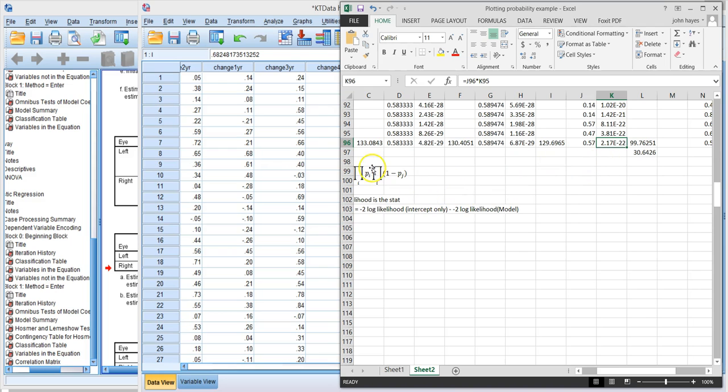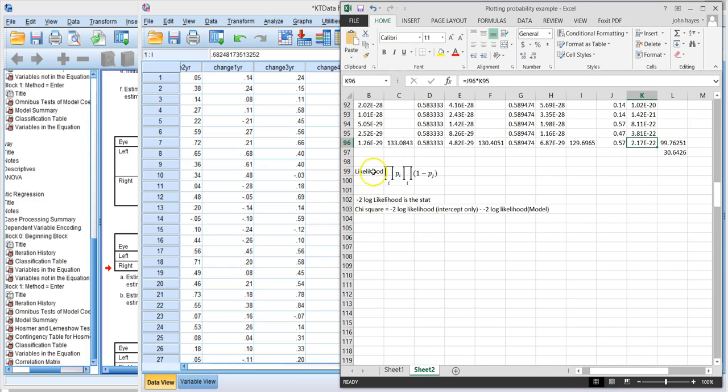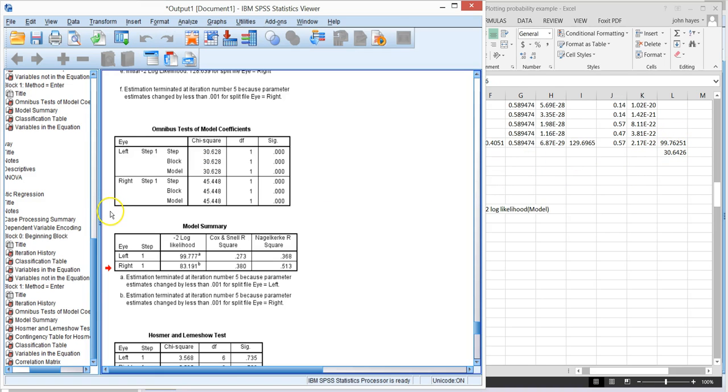But remember, that's the likelihood. Now, they made the likelihood a little bit easier to read by doing minus 2 times the log likelihood. So that's this number. It's minus 2 times the natural log of 2.17 e to the minus 22, which is a value of 99.76. If we look on here, we can see we're pretty close to that.